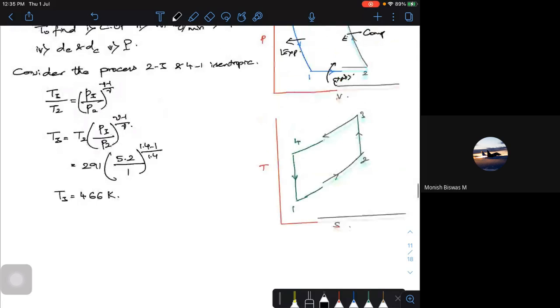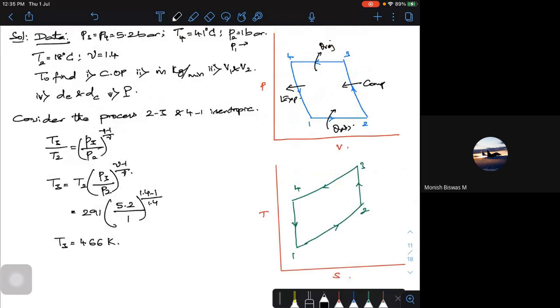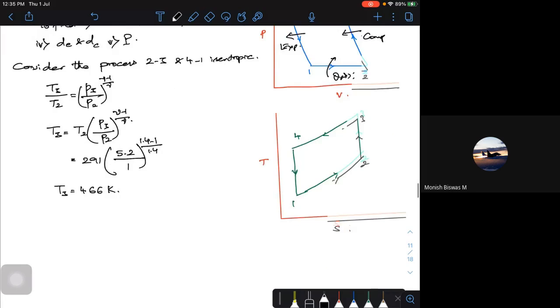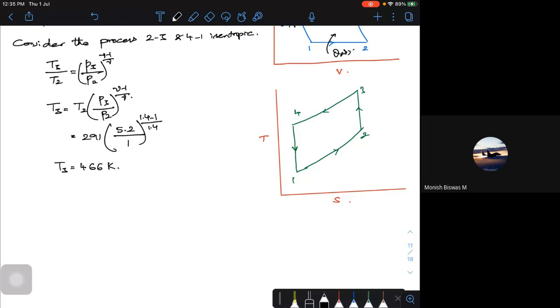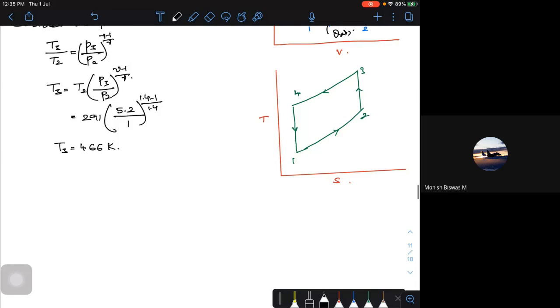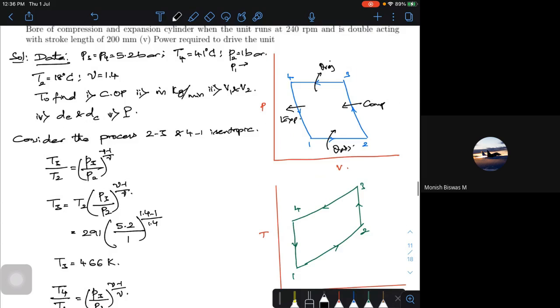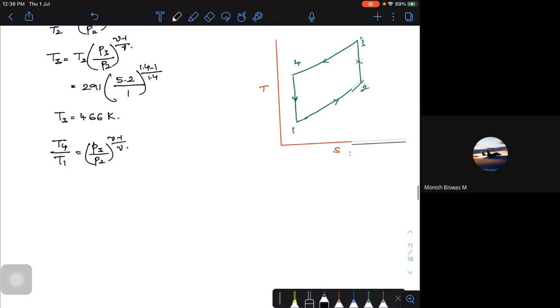Now similarly for the process 4 to 1, I can write T4 by T1 is equal to P3 by P2 whole to the power of gamma minus 1 by gamma. They have given T4, so I need to find T1.